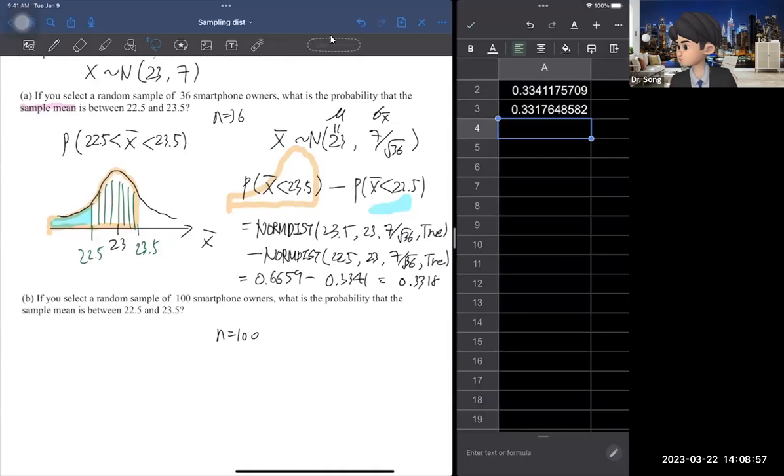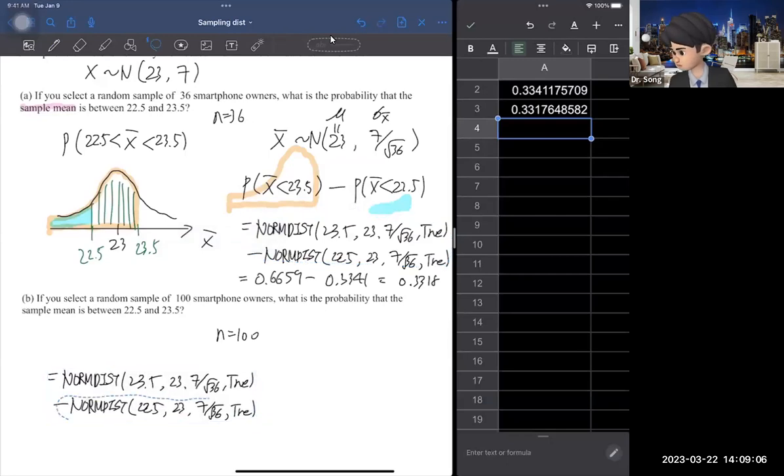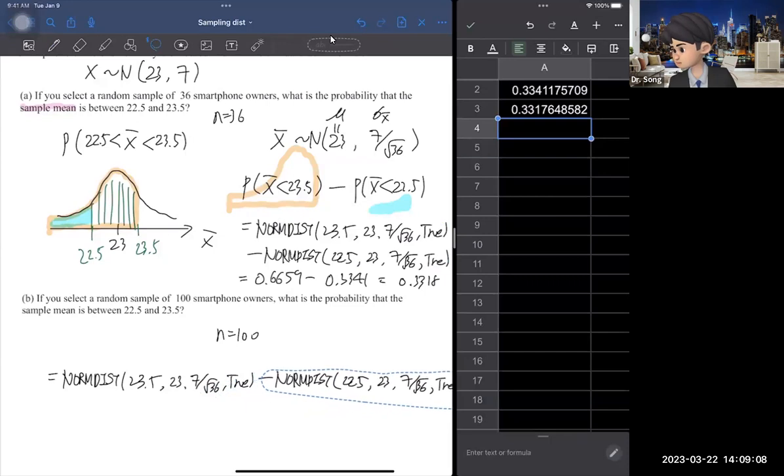Then you just need to do this one. You calculate these things. So let me copy and paste. So exactly the same question except for the sample size. Take a look. I'm going to change the sample size from 36 to 100. So the denominator of the standard deviation becomes square root 100, that is actually just 10, right?